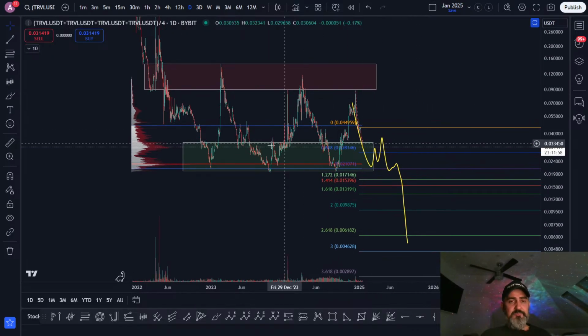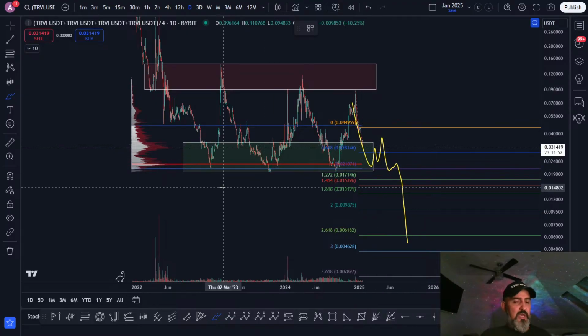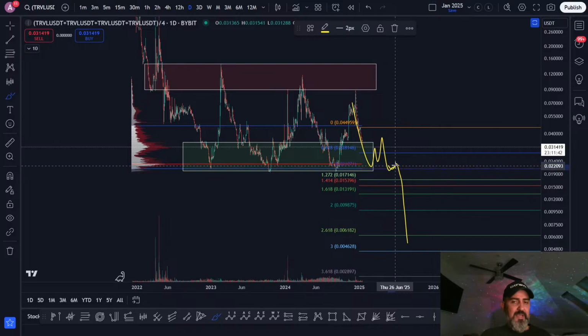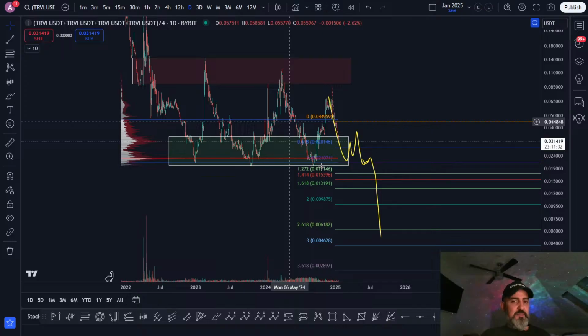You have a supply zone and a demand zone. But if you run out of demand at this zone, and people here start to feel the pressure because the price isn't going up anymore and it's back down, then the next move is to the downside in a very big way. You end up with a one-to-one corrective move. This is a big correction.